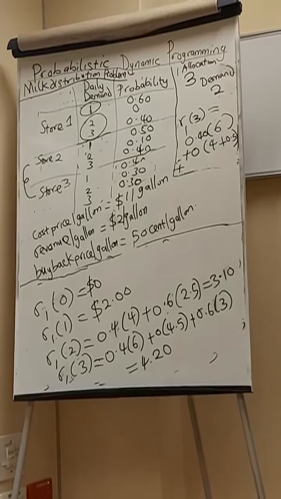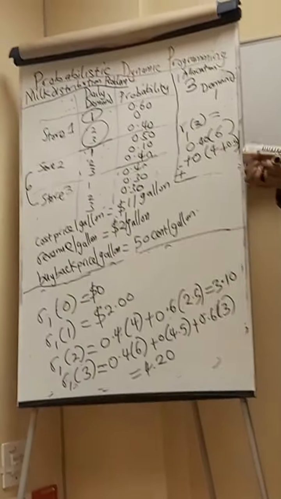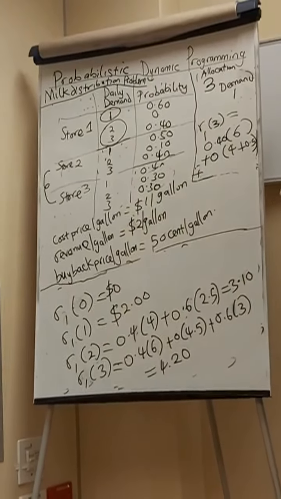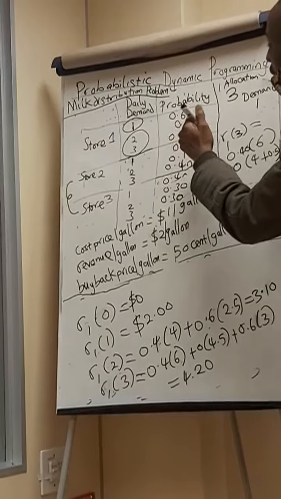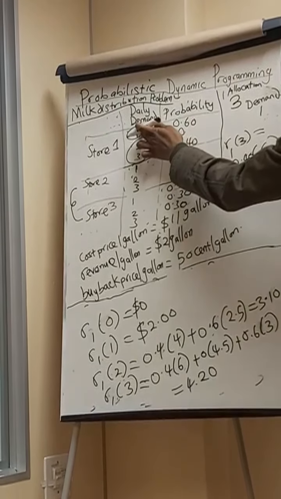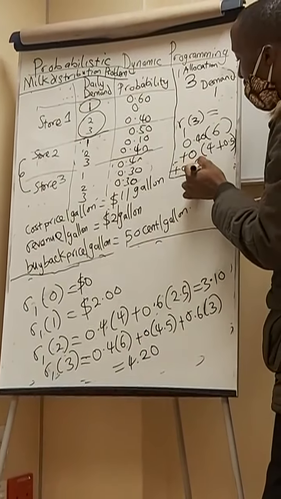Then if the demand could have been 1, you have a 60% chance that the demand will be 1, which is 0.6.